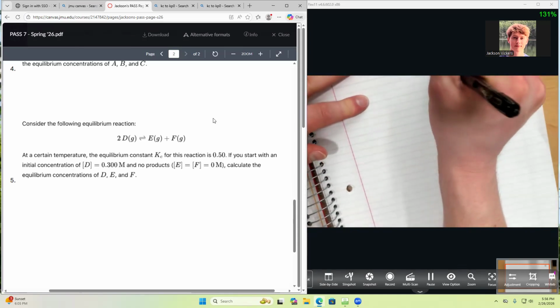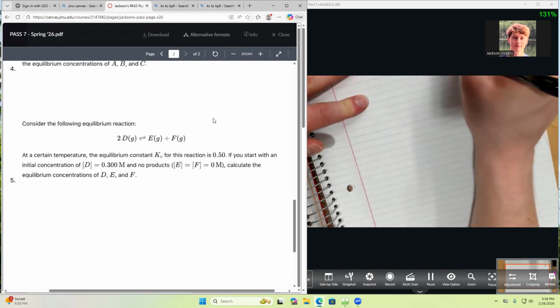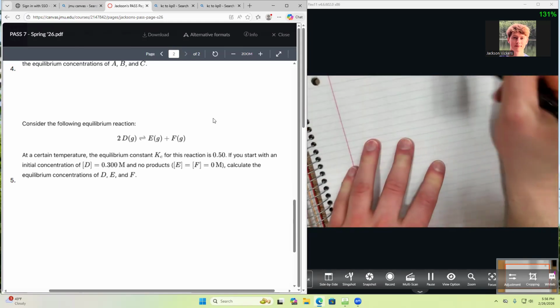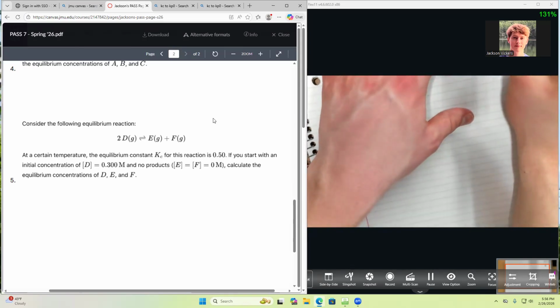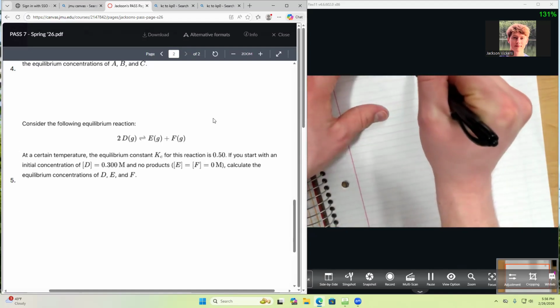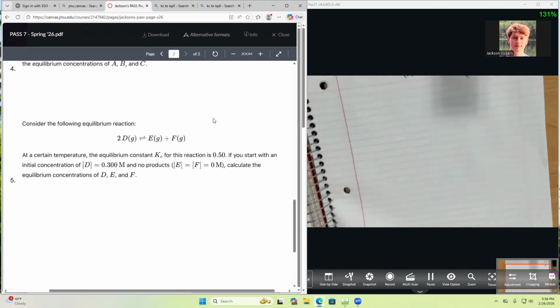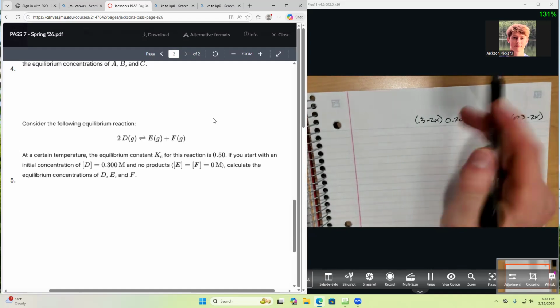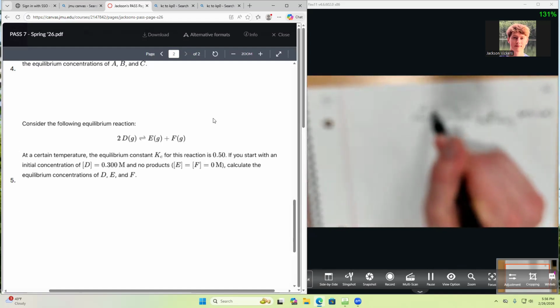Again, we have 0.707 equals x over 0.3 minus 2x. And so we're going to multiply by the entire denominator on both sides. This is like the FOIL stuff that you maybe learned in middle or high school, where this has to be multiplied over here and over here separately.